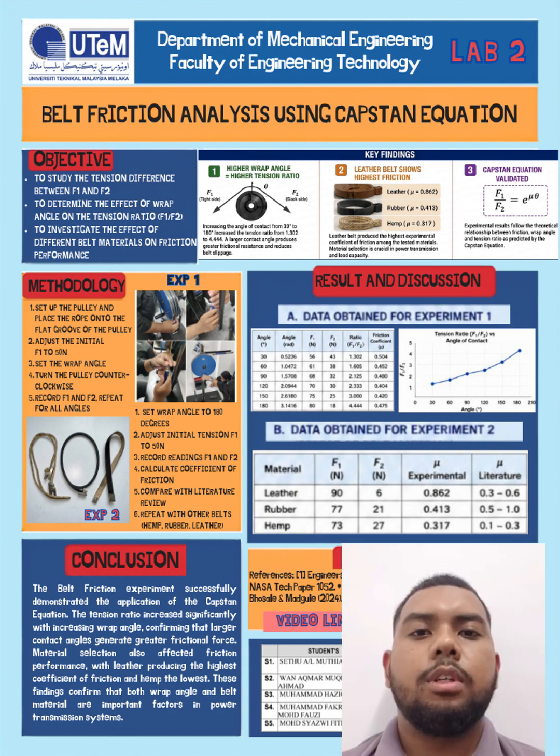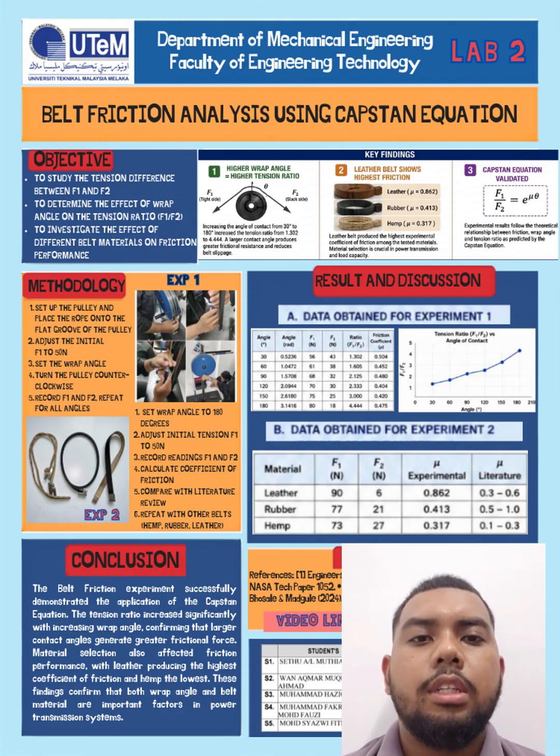Okay, for the conclusion, the belt friction experiment successfully demonstrated the application of the capstan equation. The tension ratio increased significantly with increasing wrap angle, confirming that larger contact angles generate greater frictional force.